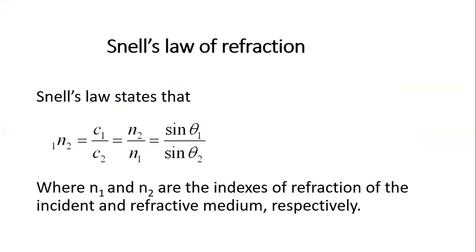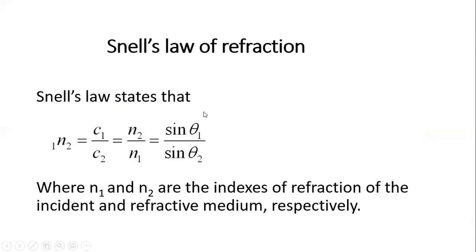Okay, so look at here, Snell's law. What is Snell's law? It is the ratio of the refractive index of one medium to another medium, and it is related to the angle of incidence and angle of refraction, right? Right here, this is the angle of incidence. Suppose there is an air and glass medium combination.